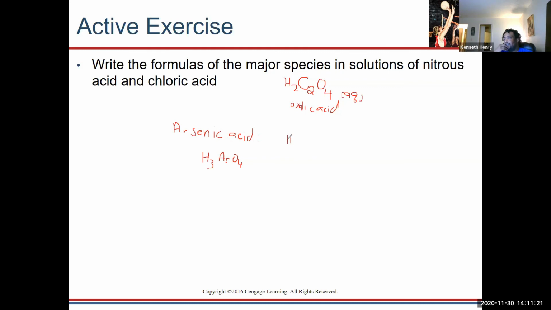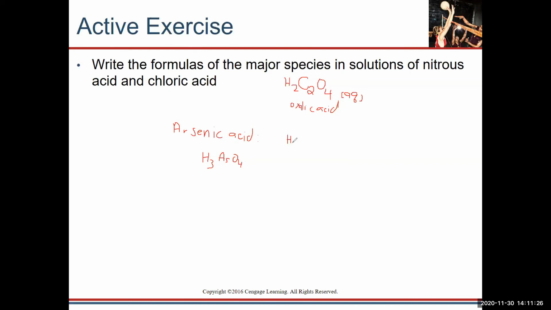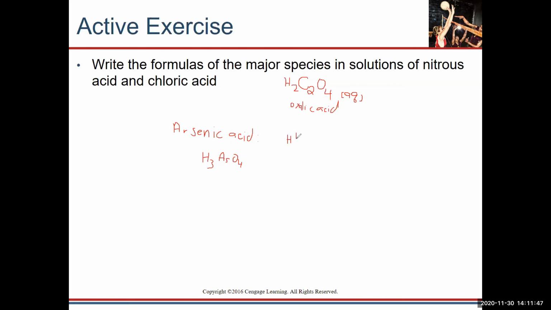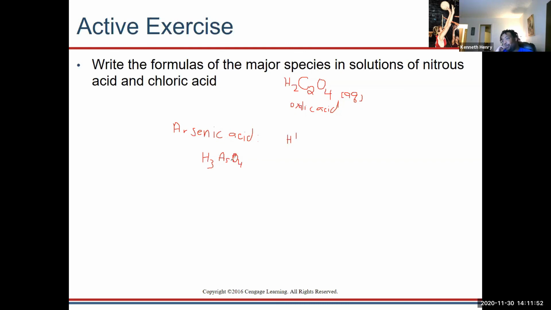And what are the ions? HNO2 or H2O? Is it going to be H2O? No. What would be the ions from here? What would this break down into? Completely break down into?